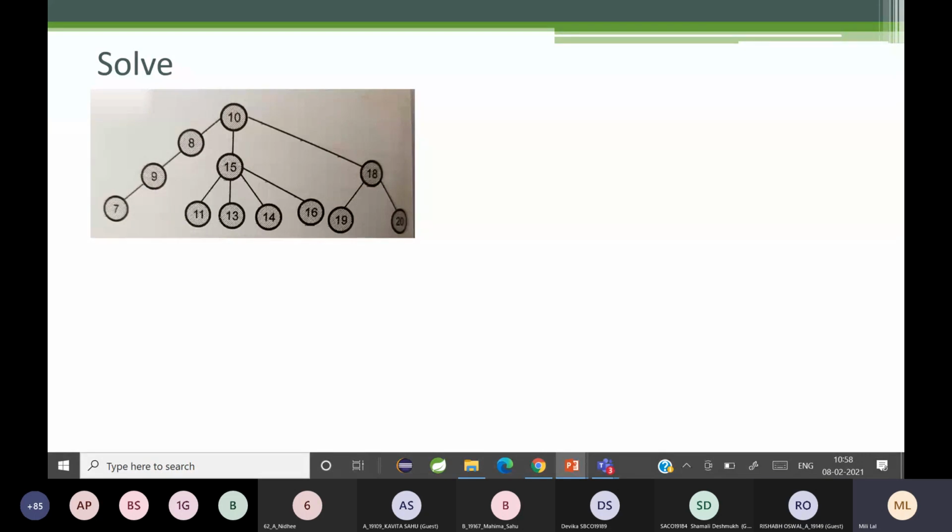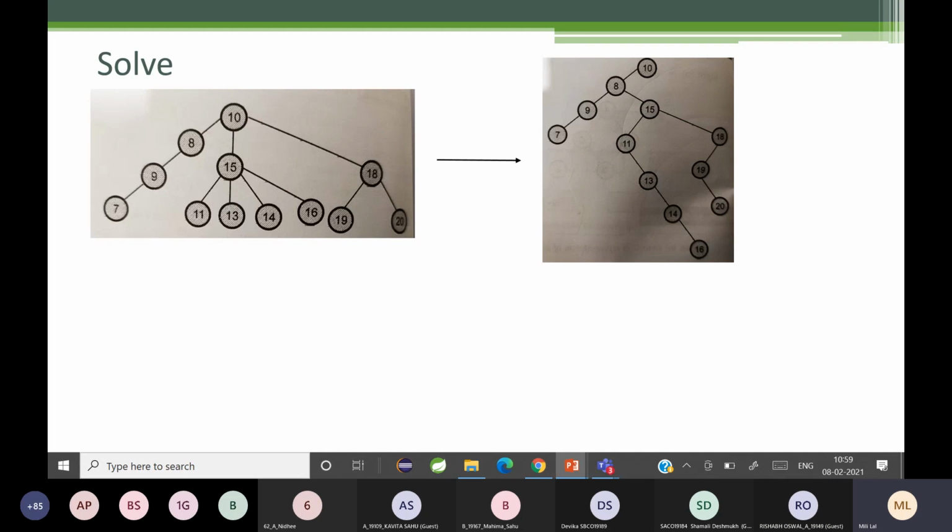And 14 is going to be the right child of 13. Very good. Next, which is remaining? 7 is remaining, right? Now 7 is the left child of 9, right? Yes, ma'am. Okay. So is this the image you get?